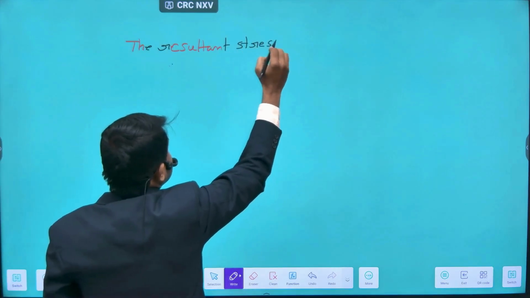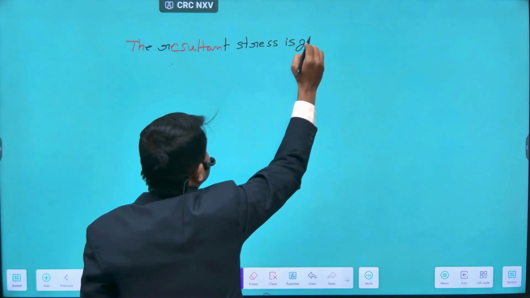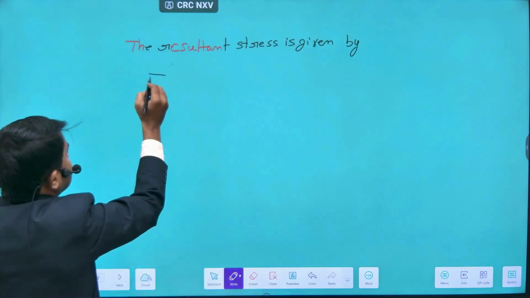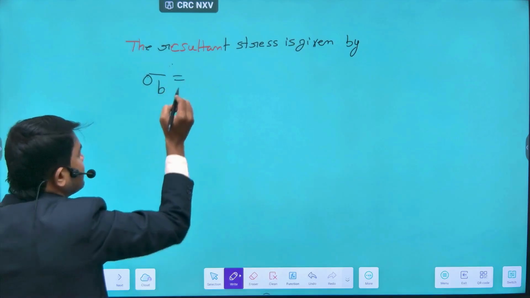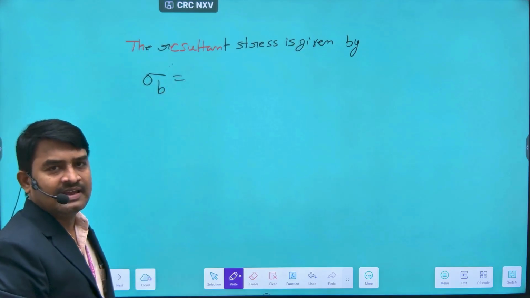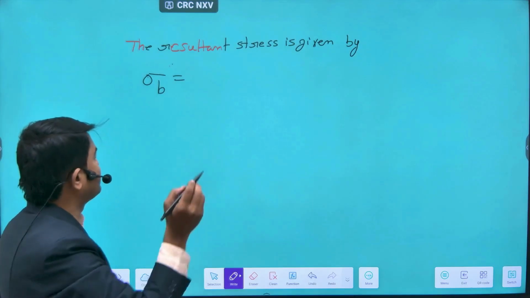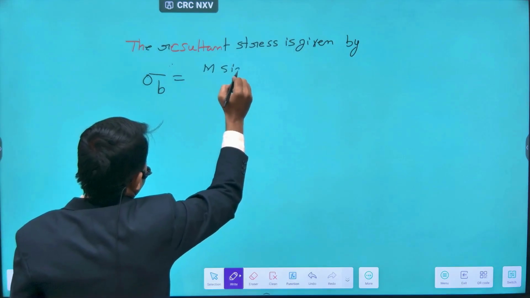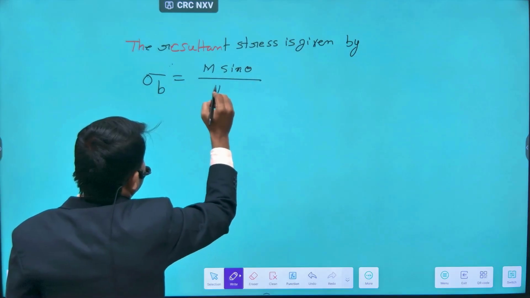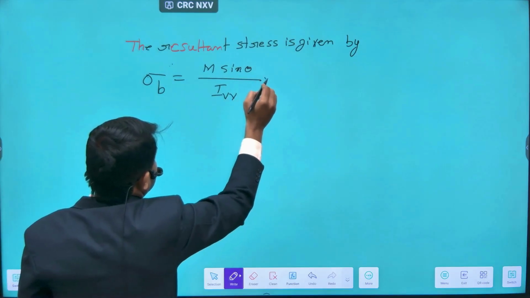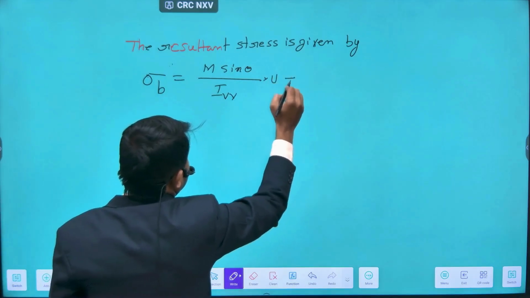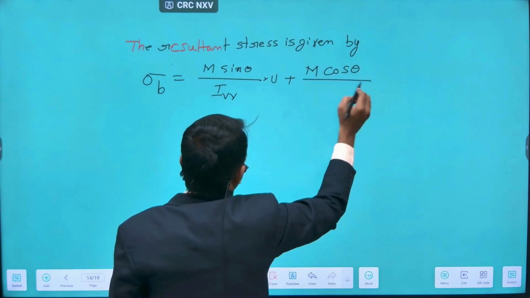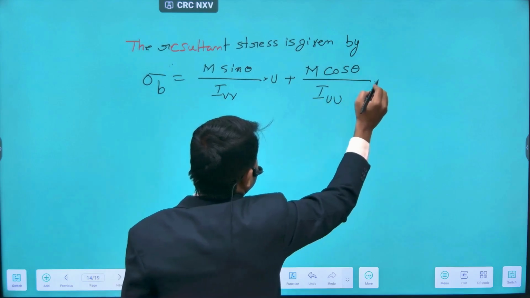The resultant stress is given by, we know already, the resultant stress is the sum of the stresses in the UU and VV axes, that is nothing but M sin theta divided by IVV into U plus M cos theta divided by IUU into V.